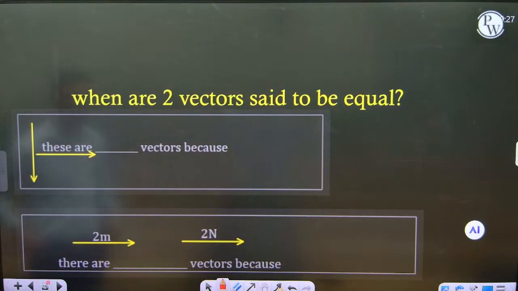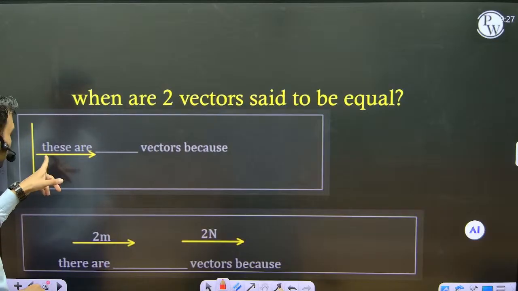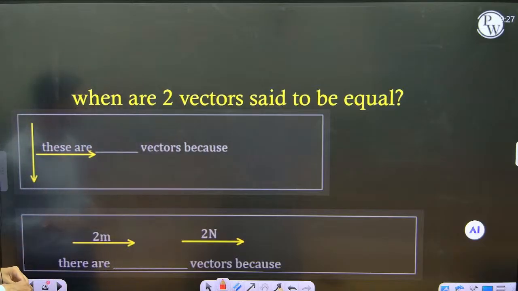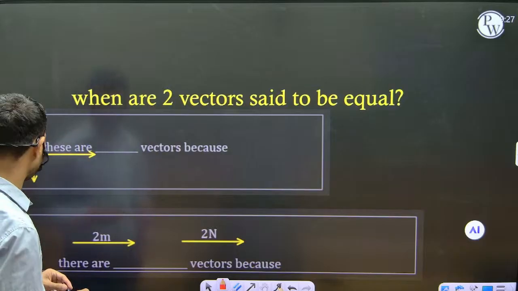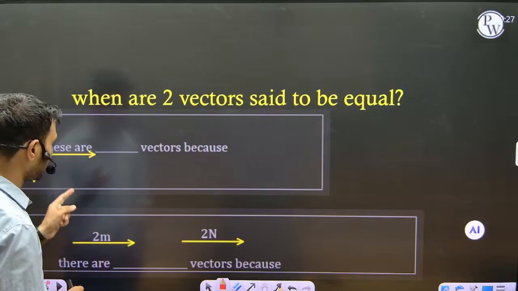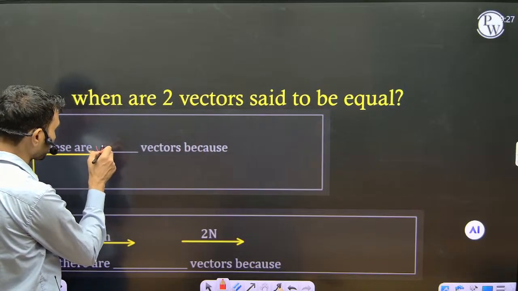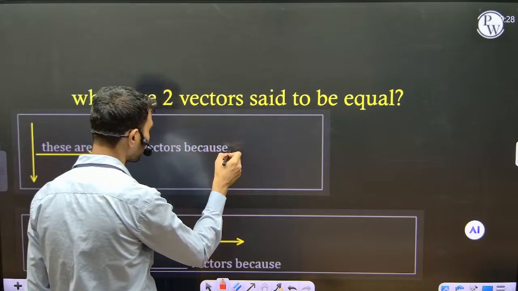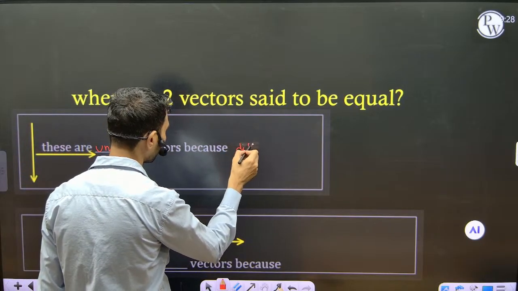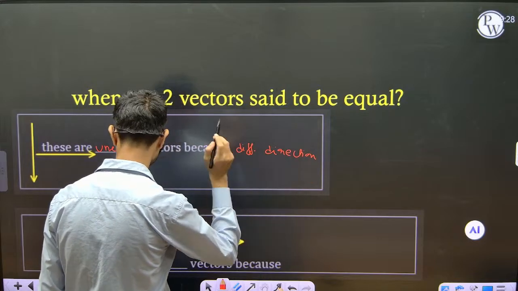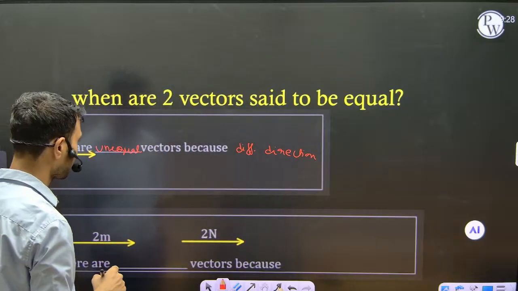Now next, when are two vectors said to be equal? Now this vector and this vector, are these two vectors equal? And the answer is no. These two are unequal vectors because of different directions, right?